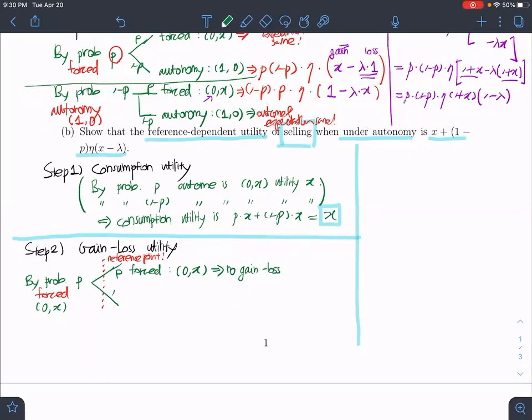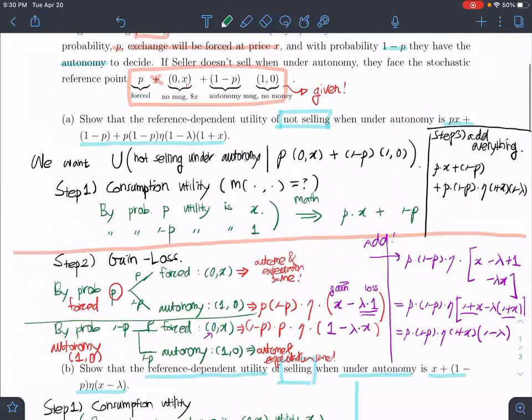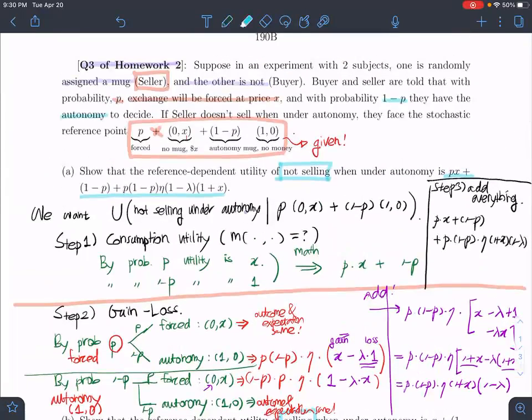Let me move on. With probability 1 minus P, I was in the autonomy case, as I expected to be in the autonomy case. I expected to not sell the mark. Remember, this one is our reference point. So I was thinking that I was not going to sell the mark under the autonomy case.